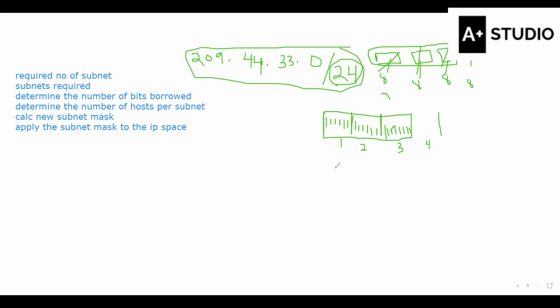If they are all ones, the 8 bits become 255. If you convert 8 ones into decimal, 255, 255, 255, 255, which gives us our subnet mask.